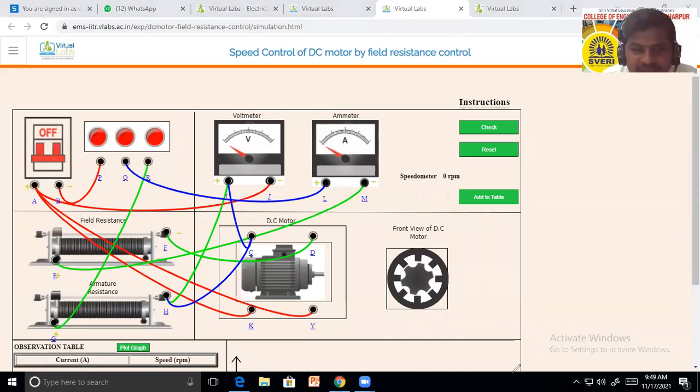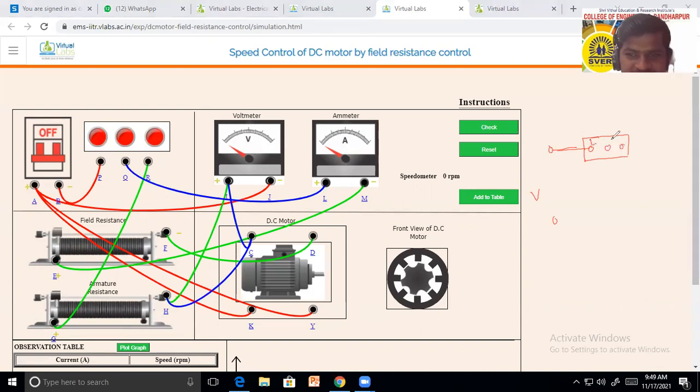Okay. See here. Here it is one terminal. Here it is another terminal. And we are applying a voltage here. Now to limit the starting current of the DC machine, आपण काय यूज करतोय? Starter. Okay, so there is a 3 point starter given.